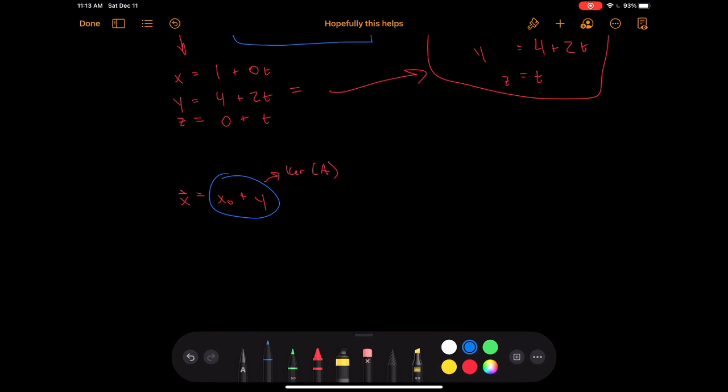So our x naught is equal to 1, 4, 0, and then our y is just equal to some constant, in the slides it said s, but we are using t, multiplied by y1, y2, and y3, which in this case would be 0, 2, 1.